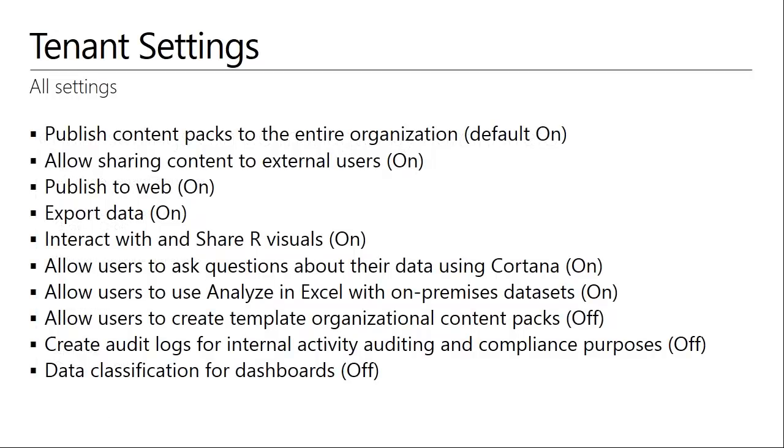As an administrator, you may choose whether or not to enable publishing content packs to the entire organization, allowing the sharing of content with external users, whether publish to web is supported, whether export of data is supported, whether users can interact with and share R visuals, whether it's okay to allow users to ask questions about their data using Cortana, whether it's okay for them to use Analyze in Excel, whether it's okay for them to use template organizational content packs. Also, the ability to create audit logs for internal auditing, and that last topic of data classification for dashboards, which by default is off.